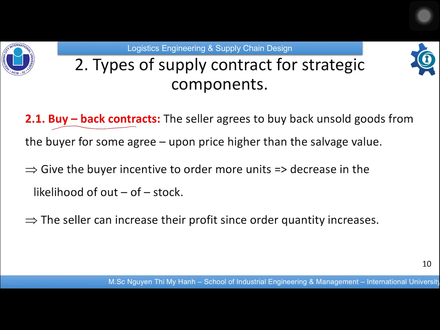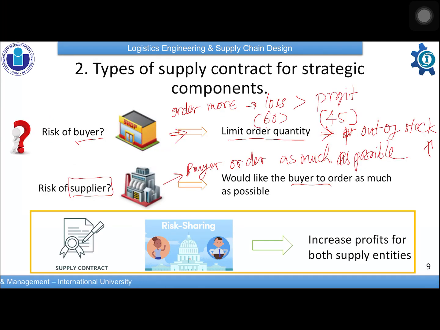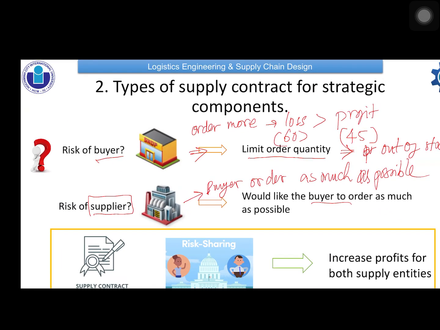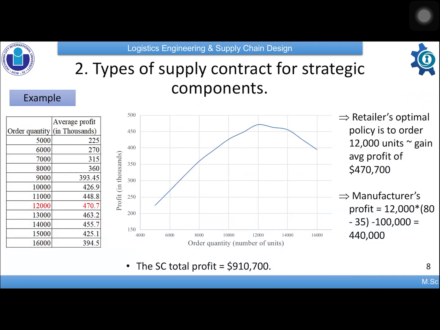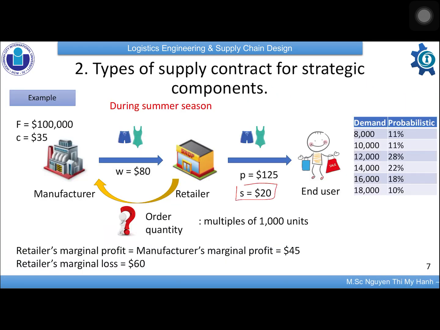The first supply contract is the buyback contract. For buyback contracts, the seller agrees to buy back the unsold products from the buyer for some agreed upon price higher than the salvage value. Earlier in this example, the salvage value for unsold product is $20.